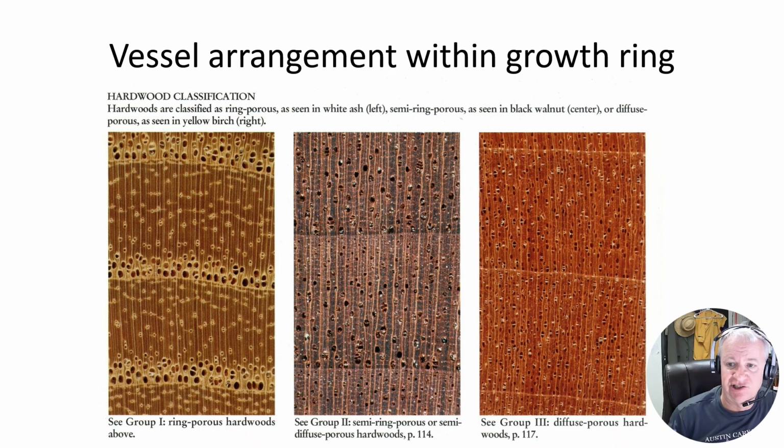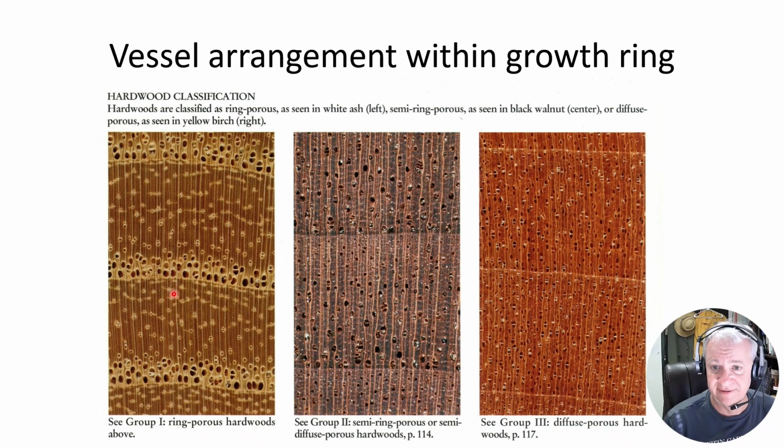And you remember from lecture, we talked about two main types of distribution, ring porous and diffuse porous, where ring porous is a situation where very large vessels are produced early in the growing season. So we have a few rows of really large vessels, and then there's a rapid and abrupt transition to much smaller vessels that make up the late wood.